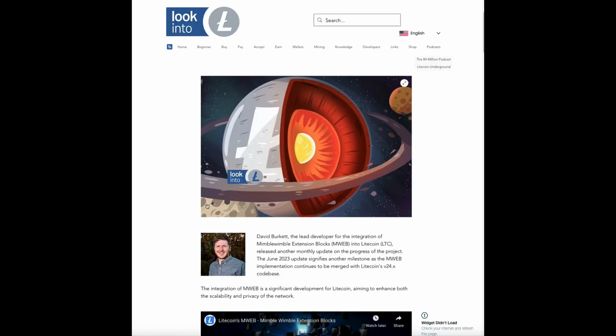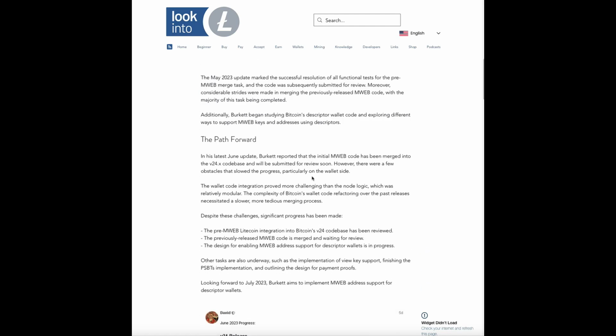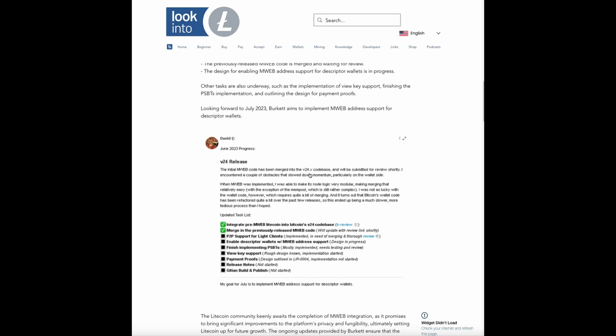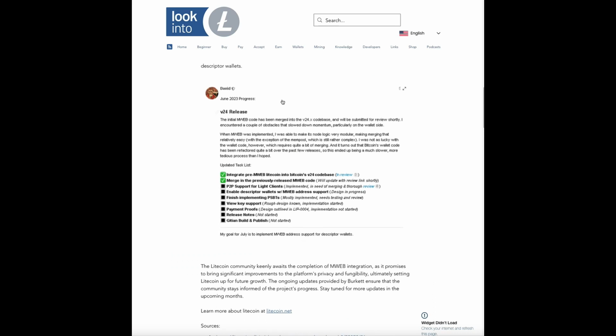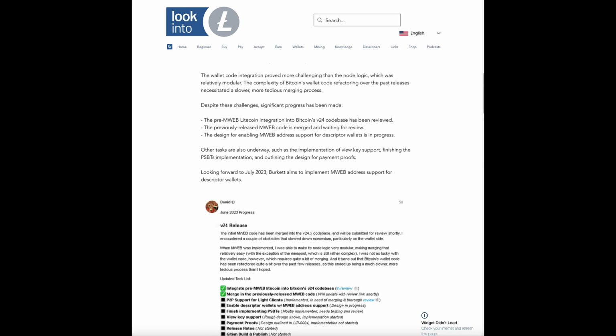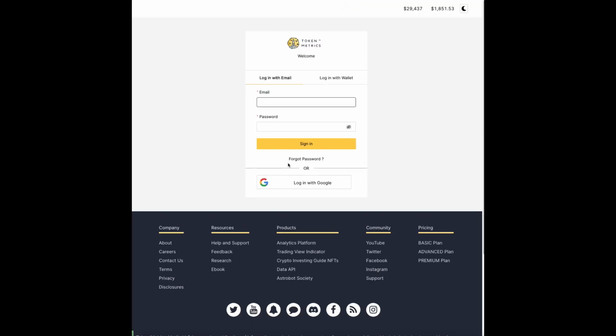And Litecoin now, with the Mimblewimble extension blocks, right? We'll be able to transact with each other and not have to worry about people seeing your transaction history and wallet balance. Because when you go to the store and purchase anything with your Visa, debit card, or anything like that, the store clerk doesn't know how much you have in the bank.